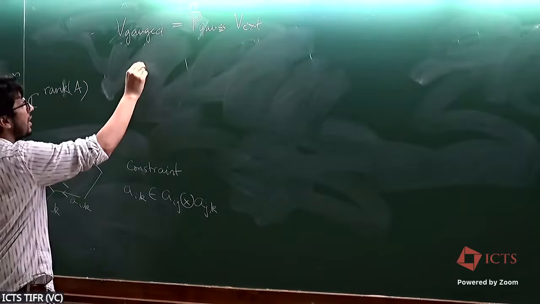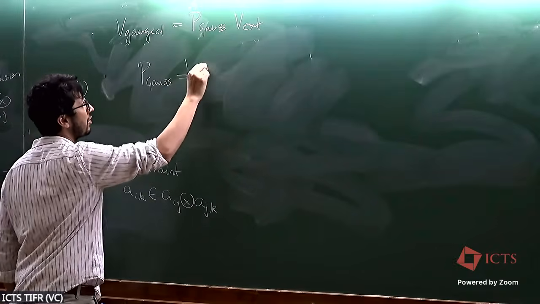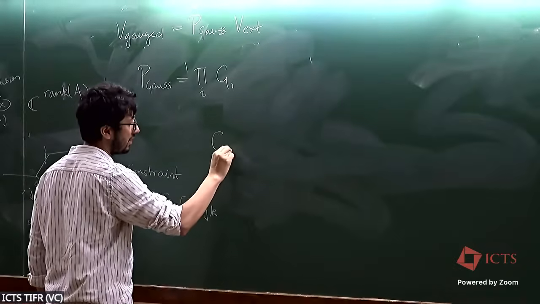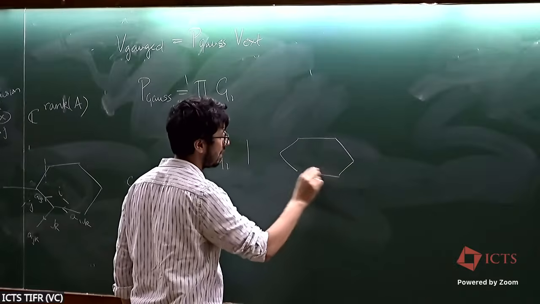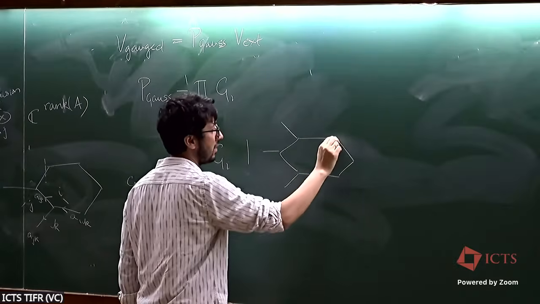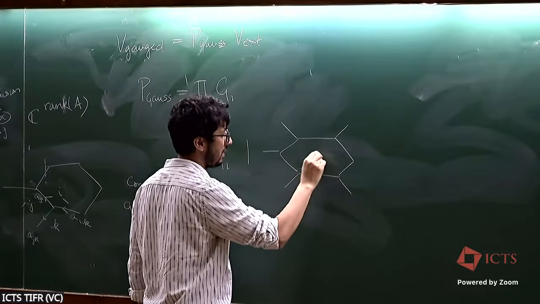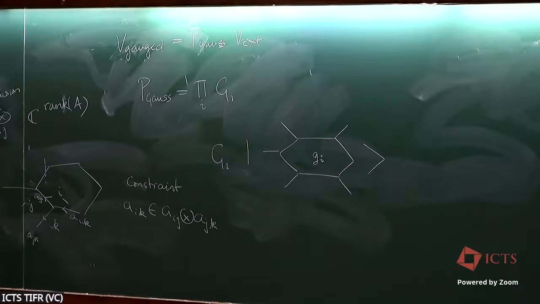And what this P Gauss is, a product of, same as before, some GIs, where GI takes some configuration... let me make sure I get that one.